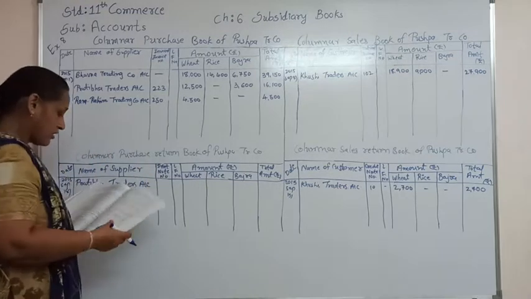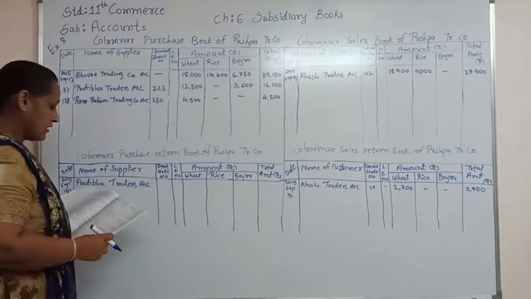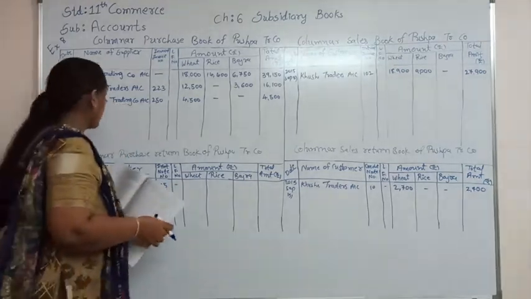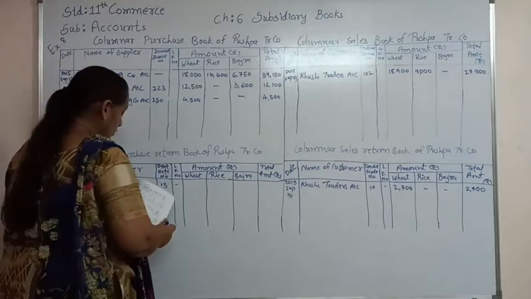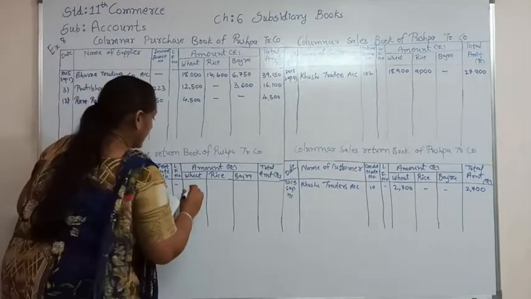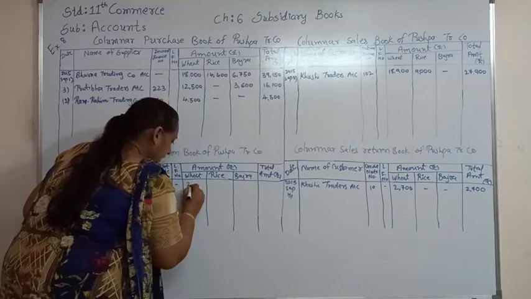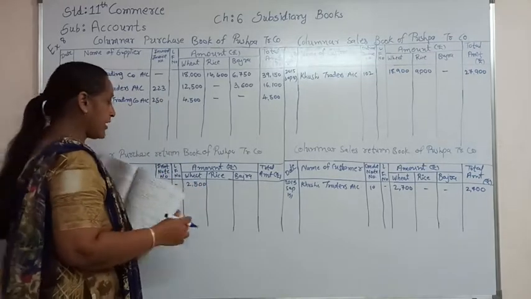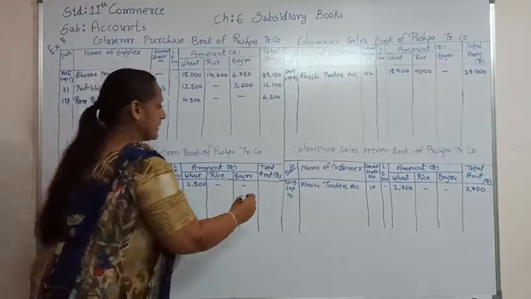Here debit note number is also given to us, and it is 50, and we are going to return her goods, that is wheat, 100 kg at rupees 25 per kg. So that will be 2500.